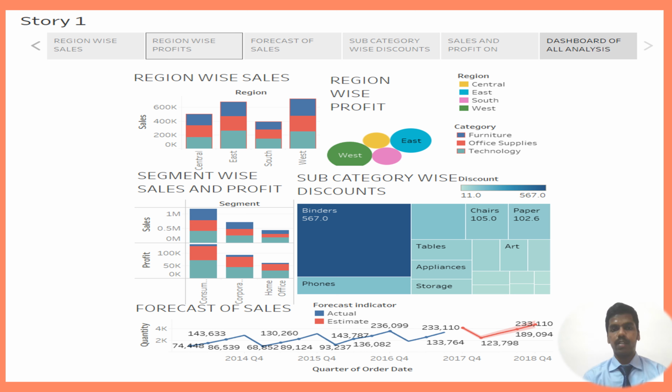By this we can easily explain to anyone, or our competitors, through this graphical representation, that region wise this region has more profit, this region has more sales, and subcategory wise what the discounts are and which products have more discount, and we can forecast the sales.